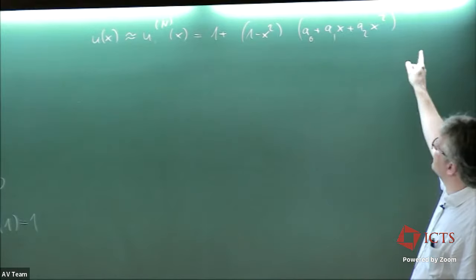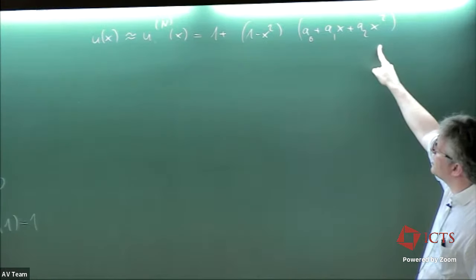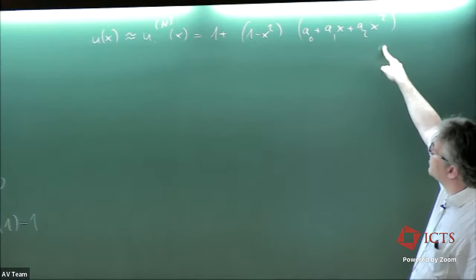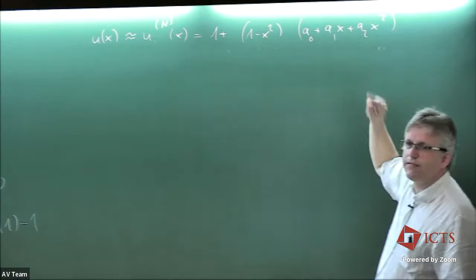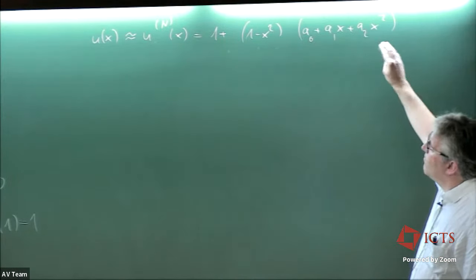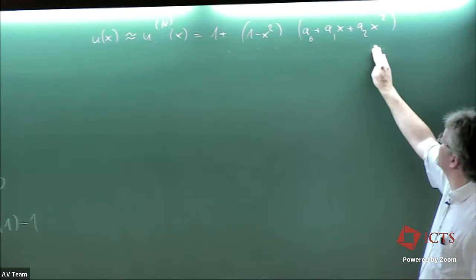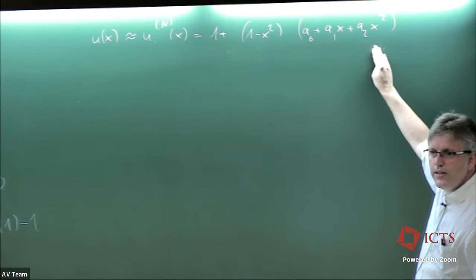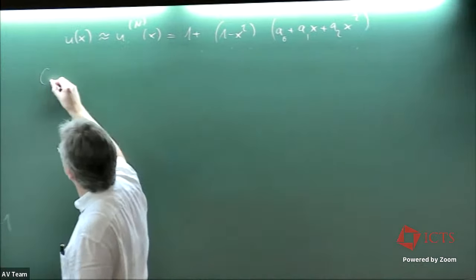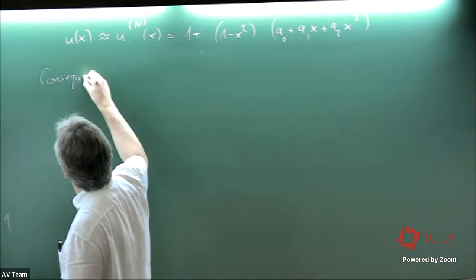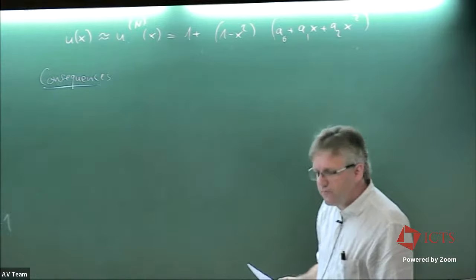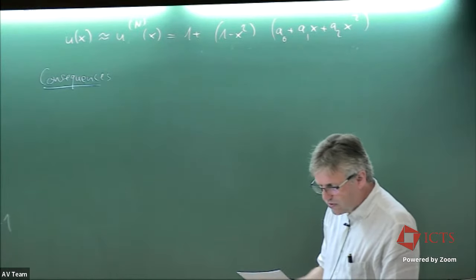So I'm starting out with a fourth degree polynomial, originally five unknowns, but because I'm already imposing the boundary conditions, I'm only having 3 unknowns left. And so once you write down this type of expansion in basis functions, there's immediately a bunch of very important consequences. And those are some of the very reasons that make spectral methods so useful and interesting.